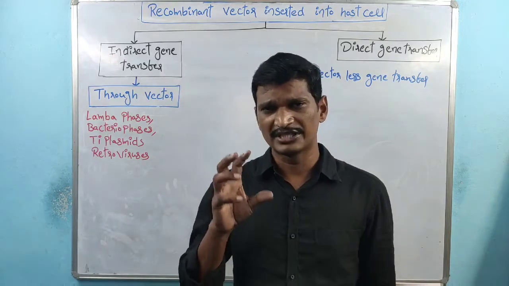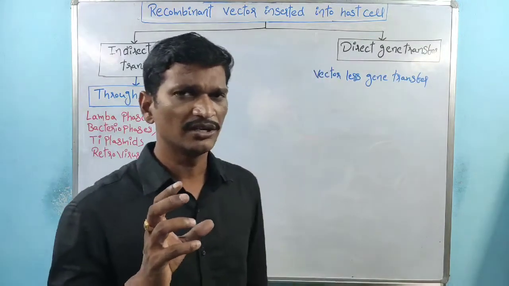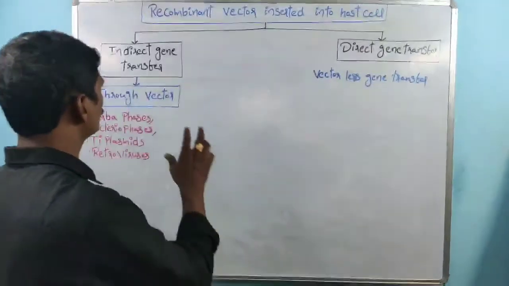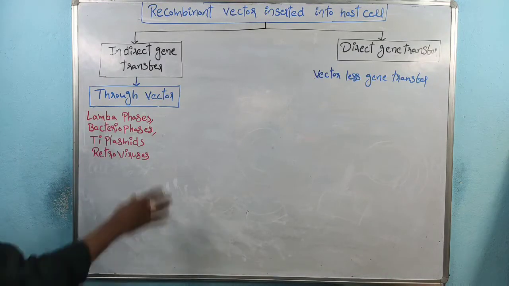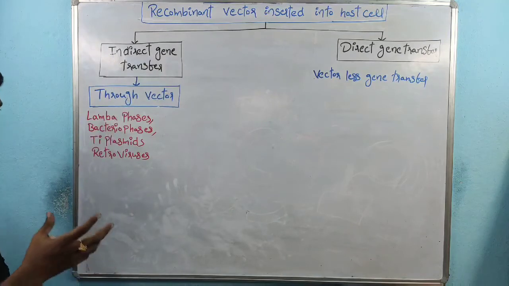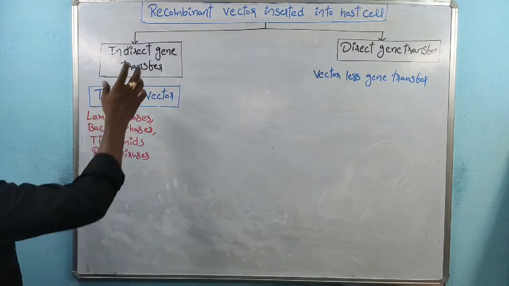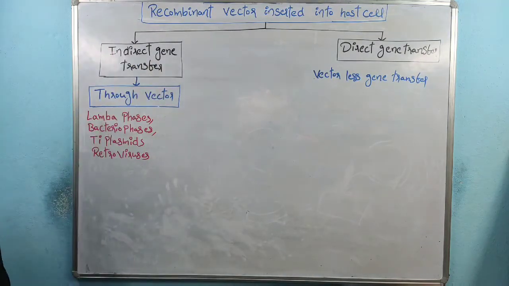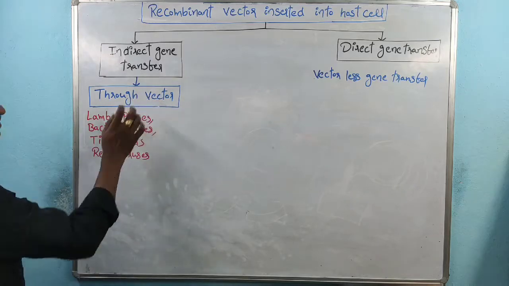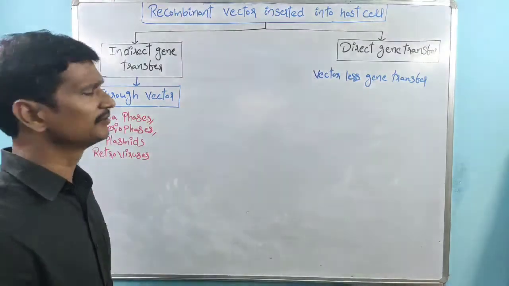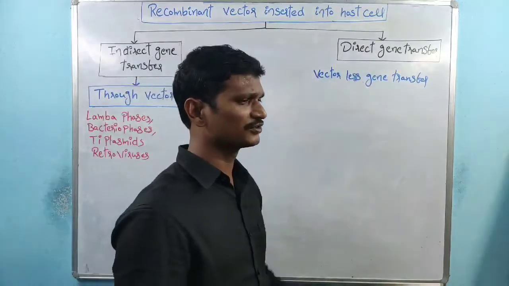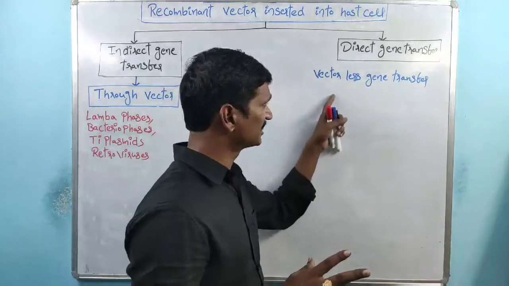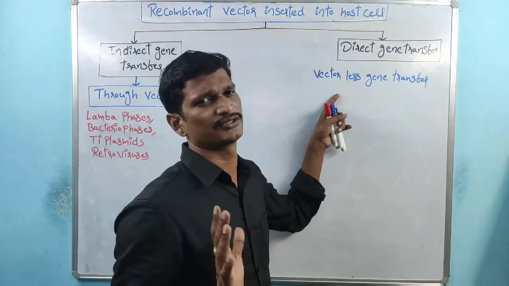In the first, our desired gene is transferred through the vectors. That method is called indirect gene transfer, the vector mediated method. And in the direct gene transfer method, remember, we are not using vectors.